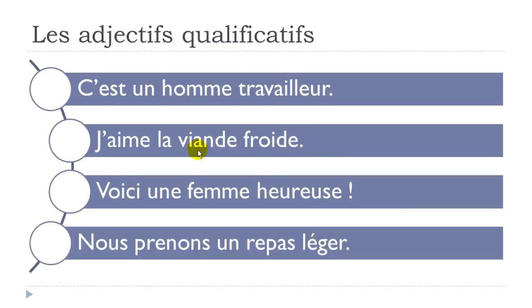Okay, but not the plural because here it's only the singular form. And then here we've got une femme, a woman. Okay, so feminine article, une. And it's the singular form, so heureuse, feminine form, singular form. And then the last one, repas, it's a meal. Okay, and here you can see that you've got the article, so it's singular and masculine, so léger, light, should be at the masculine singular form.